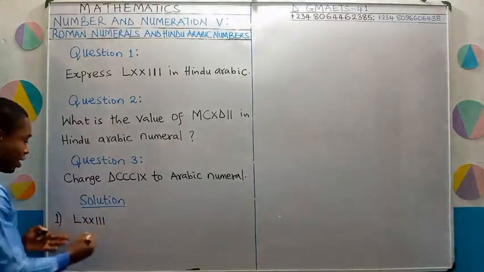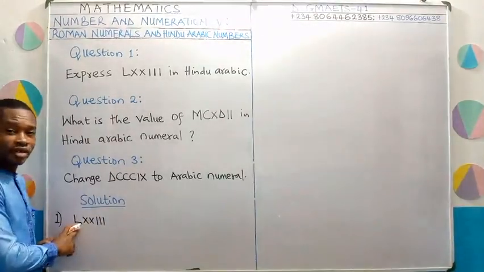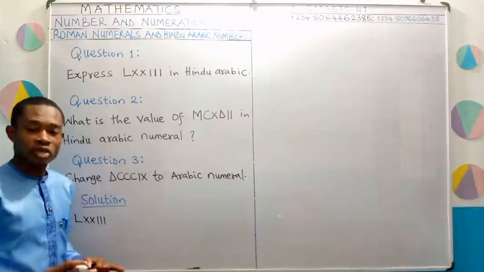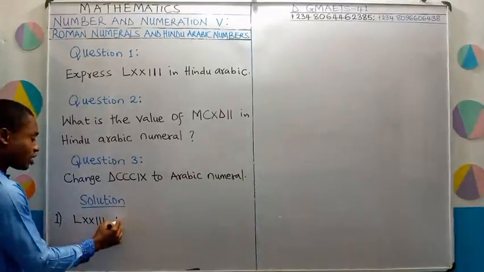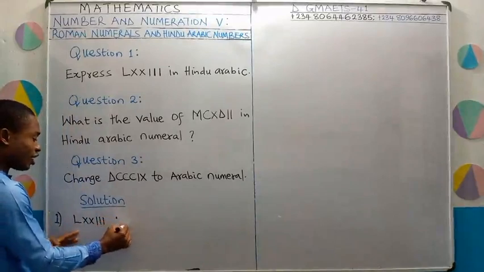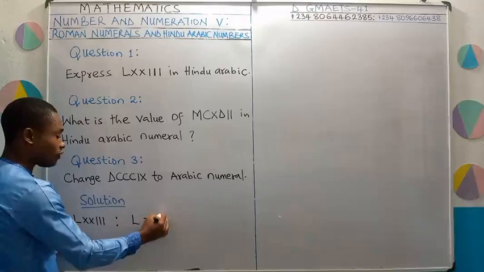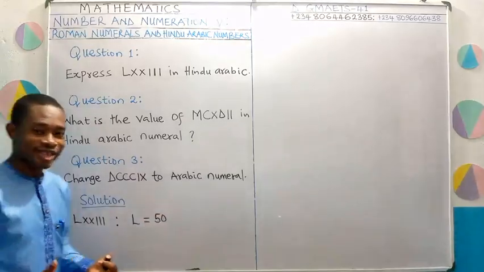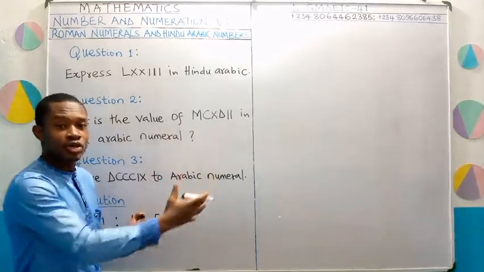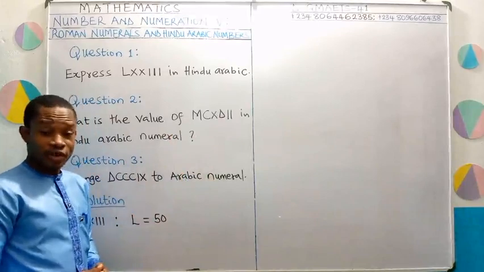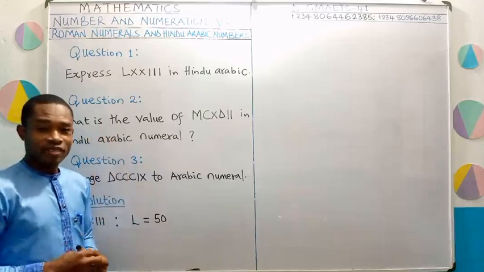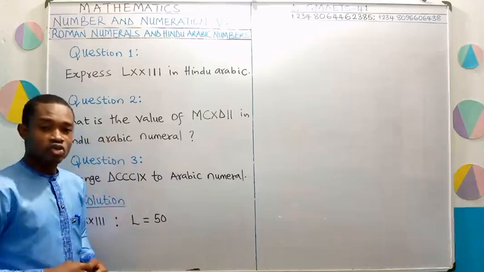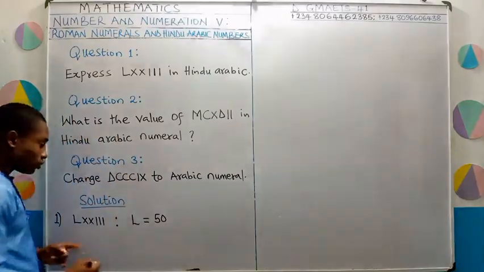We're going to start by picking each of them and writing the equivalent Hindu Arabic value. Is that okay? So I'll start with this L. We have L here, and the value of L is what? 50 in Hindu Arabic. We just looked at our charts previously, and so you should have memorized the value of each of those Roman figures.